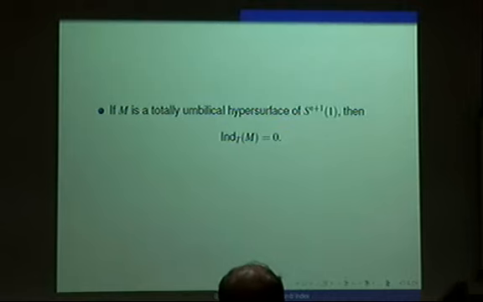Now we can compute the index of some special hypersurfaces. If M is a totally umbilical hypersurface of the unit sphere, then we can compute that the weak stability index of the totally umbilical hypersurface is equal to 0.